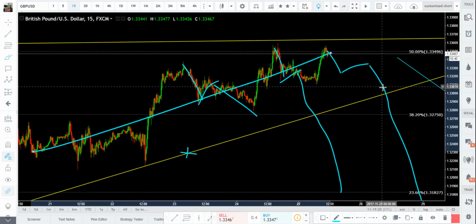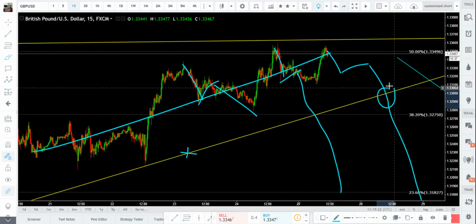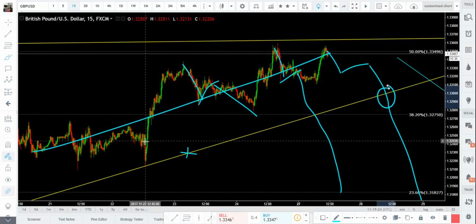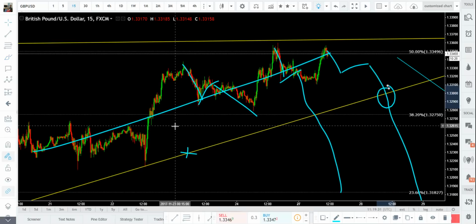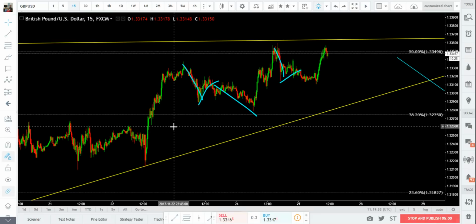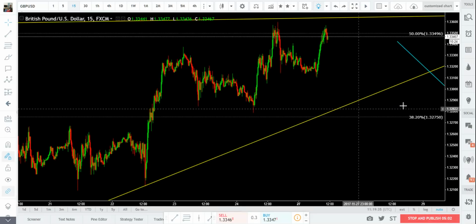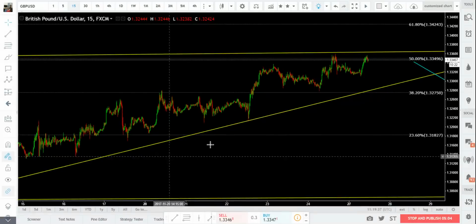We need to see a stronger breakout on that trend line. A corrective breakout will put price back within the corrective structure. So we need to see a stronger breakdown to the downside on that trend line as confirmation that we are going to get down.